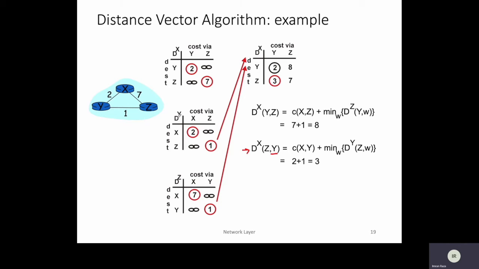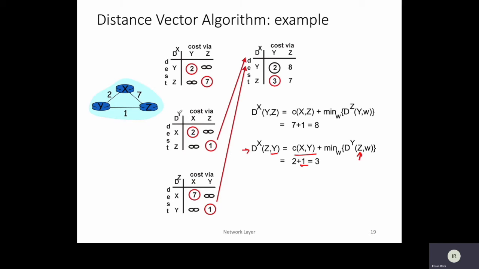So the cost to reach from y to z is 1, right? We'll first calculate the cost to reach from itself to y. If we look at the table, what do you think was the cost to reach from x to y? Yes, 2. That's because y is the direct neighbor of x, and we have this cost in the table as well. And what's the minimum cost from any neighbor of y to reach the destination z? If we look at this update, this cost is 1.